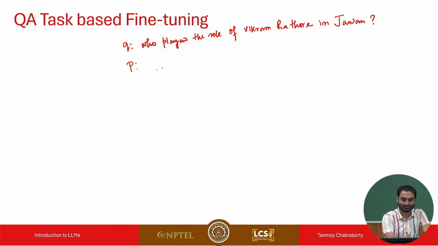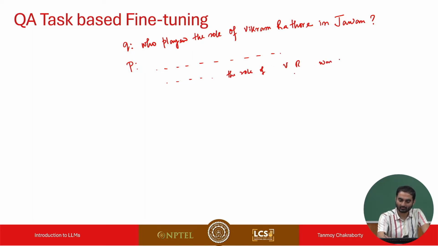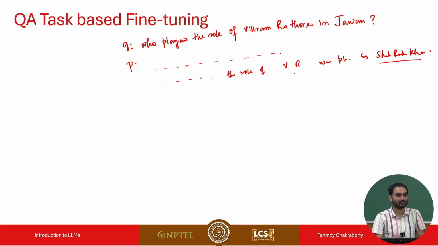You have a passage where all these things are written, and somewhere in this passage it is written that the role of Bikram Rathore was played by Shah Rukh Khan. Your task would be to retrieve this information from the passage. Now tell me, how do we use BERT for this kind of task?